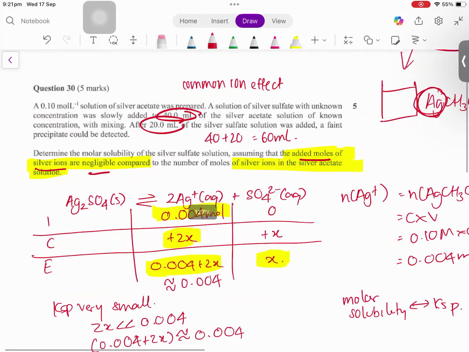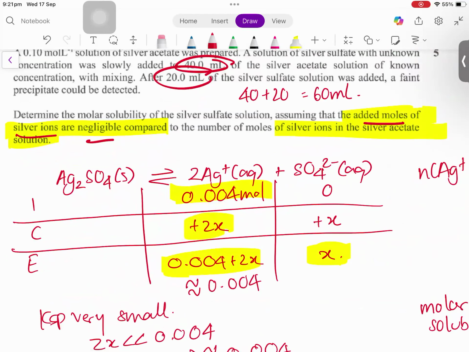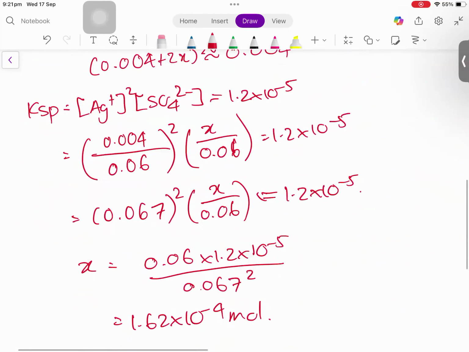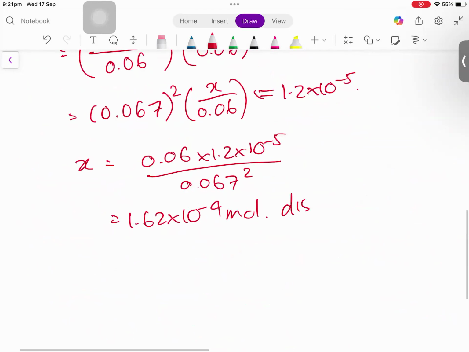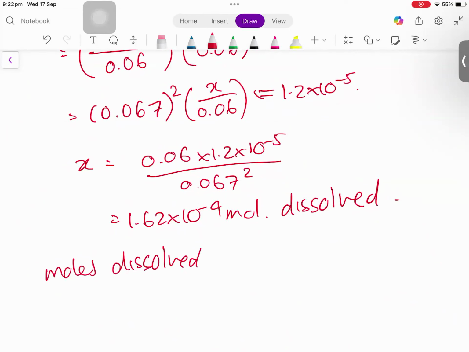The only issue is though here, again, we did it in terms of moles because the volume was changing. Because we did it in terms of moles, your x is also moles, right? So guys, this is the moles dissolved. This isn't necessarily molar solubility though. This is the moles dissolved, but molar solubility is moles dissolved per volume of solution.